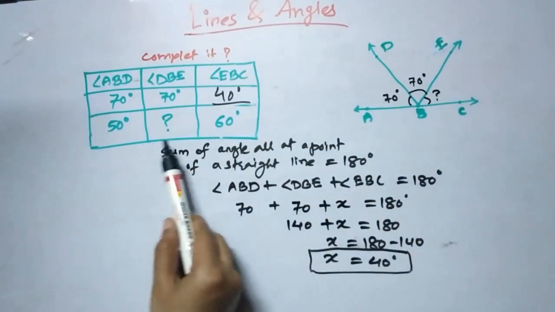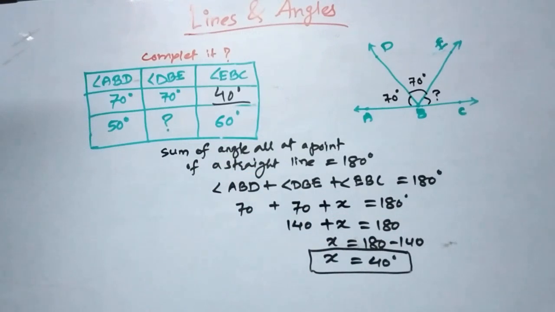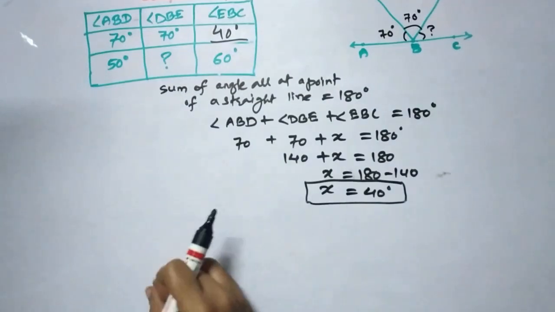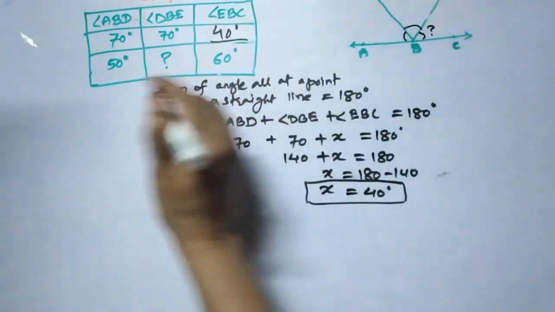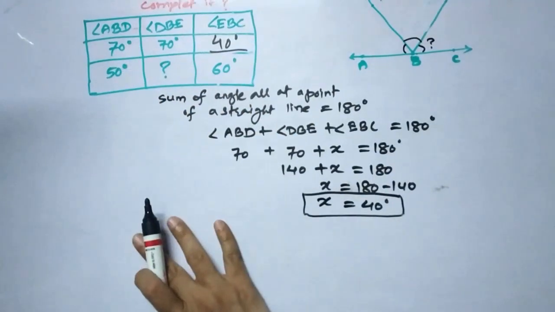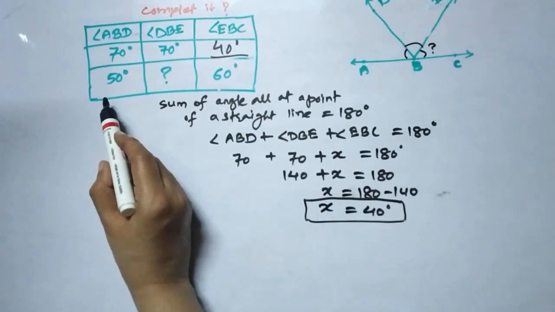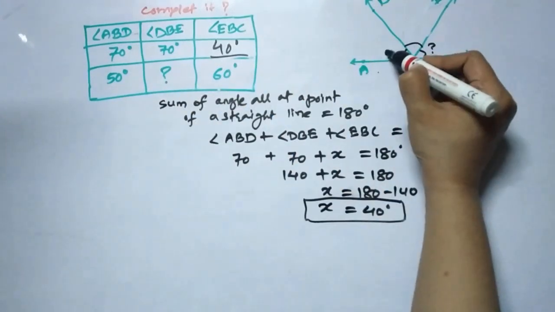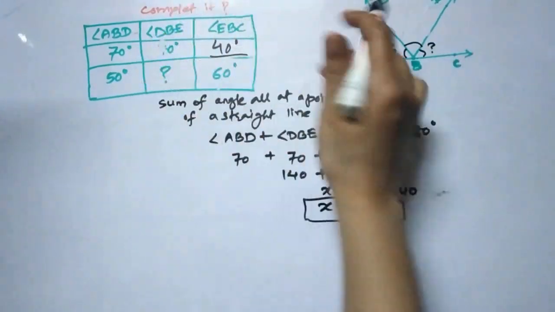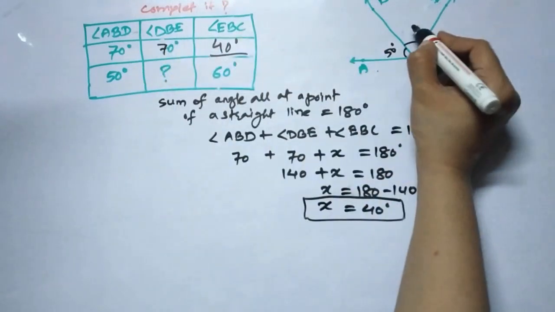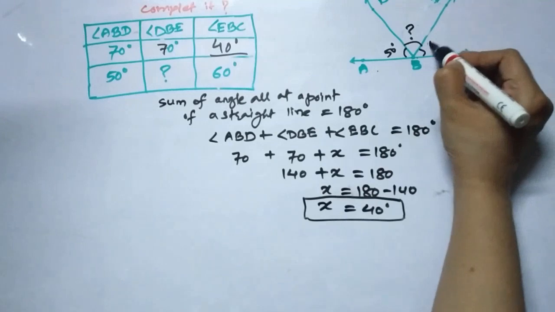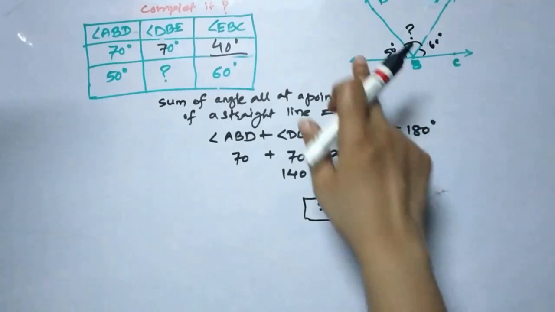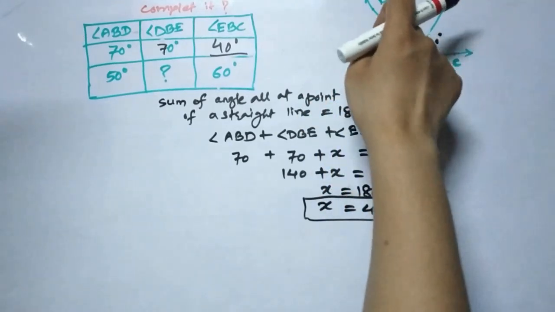Next, again we need to find out this. So friends, we'll erase these values, and now it is given ABD. ABD is what? 50 degrees. DBE we need to find out, means now we need to find this angle, and EBC is given as 60 degrees.